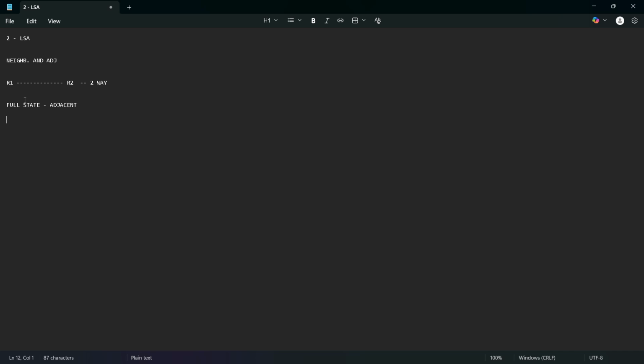So in short, the conclusion that we got from here is, let's suppose we have R1 connected to a switch, and then we have R2, then let's suppose we have R3 connected.